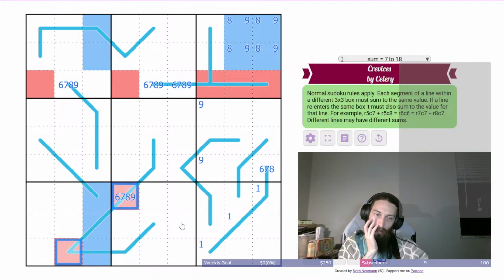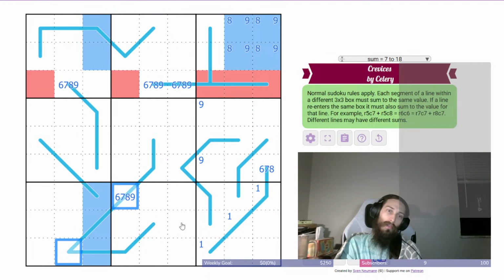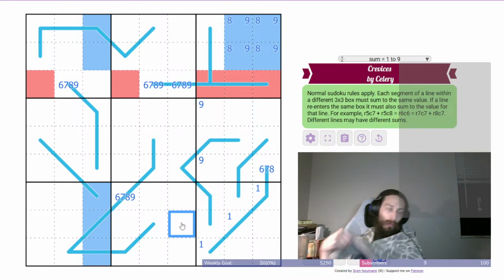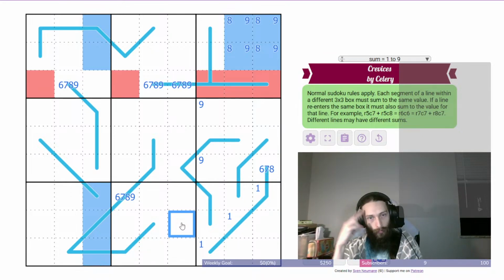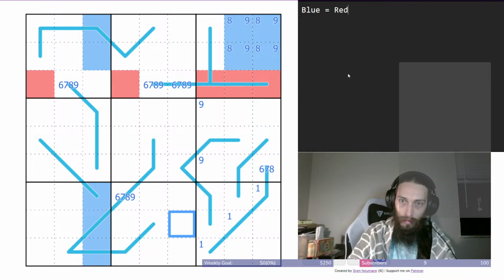That doesn't seem useful. But it's 45 more than red. Blue is 45 more than red. So, okay. Blue is equal to red plus 45.